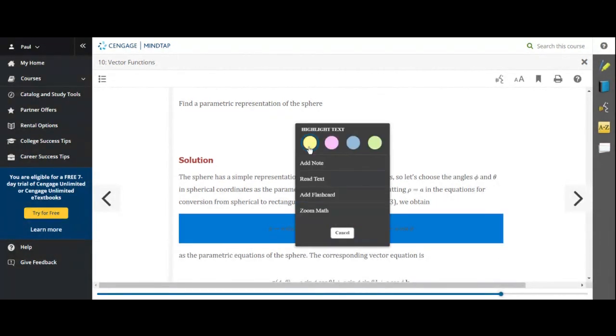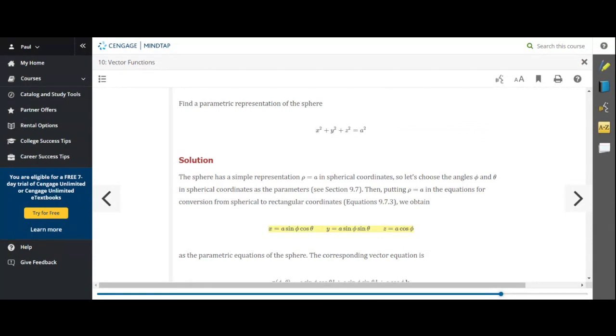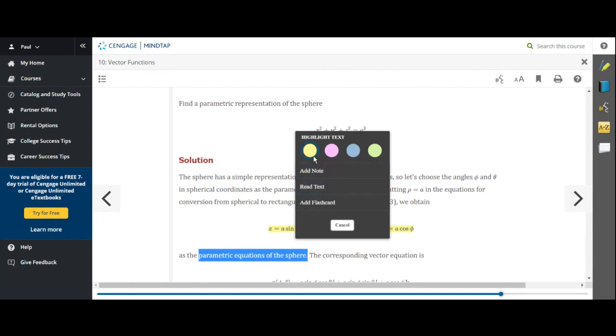As you know from section 9.7, when you learned about spherical coordinates, if we want to convert from Cartesian or rectangular coordinates to spherical coordinates and back, these are the three equations, the x, y, and z equations, that are your conversion equations.